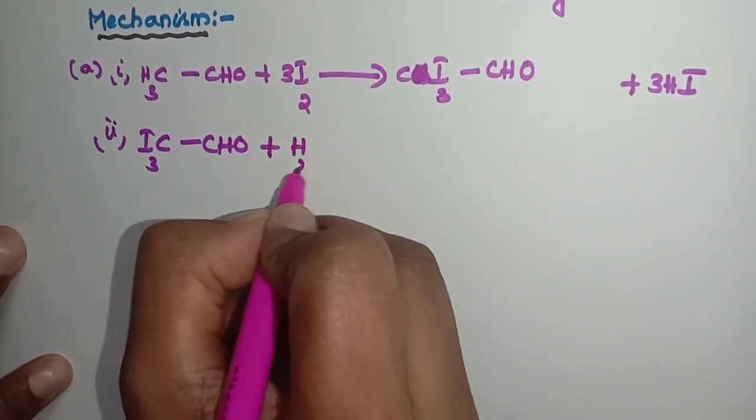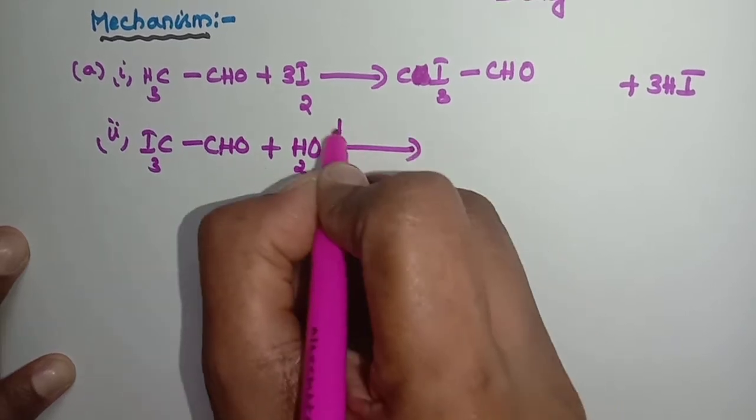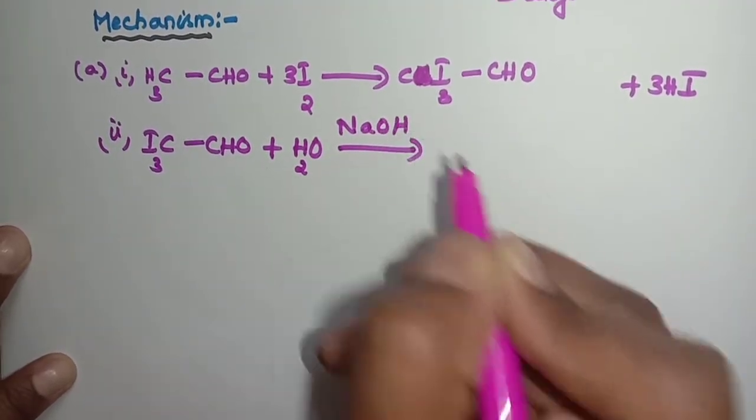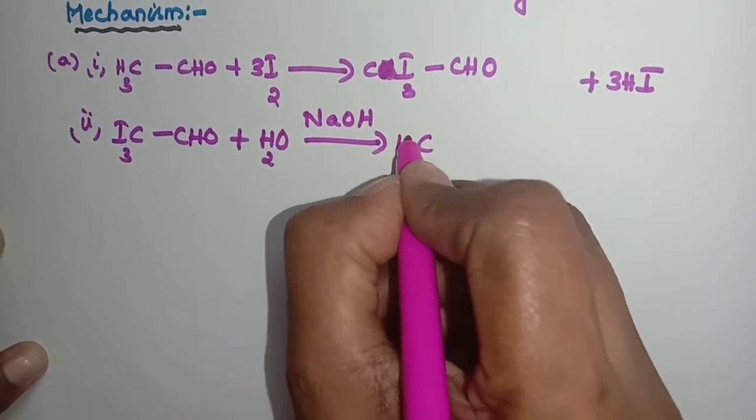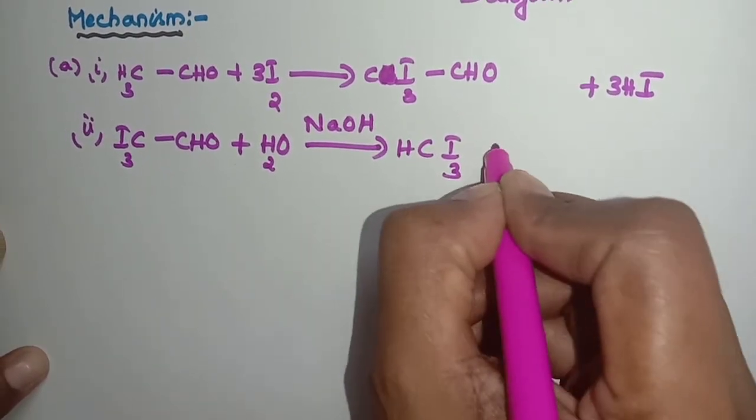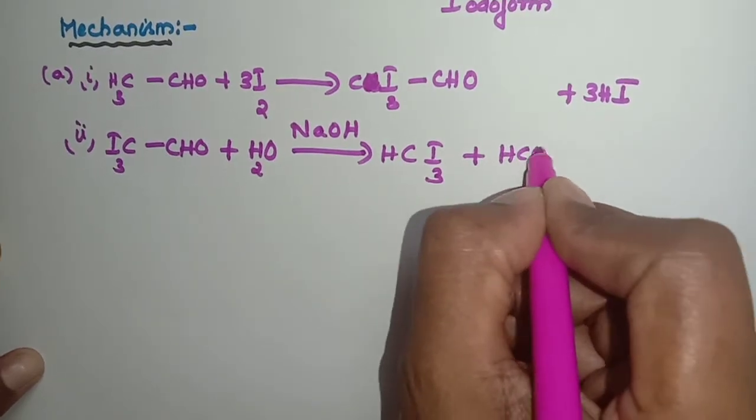In the second step, this CI3CHO undergoes hydrolysis in the presence of NaOH forming CHI3 plus HCOOH.